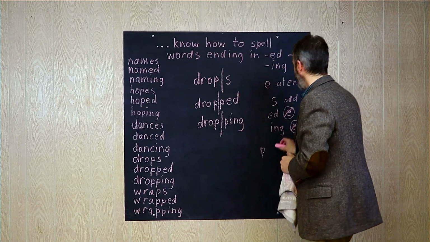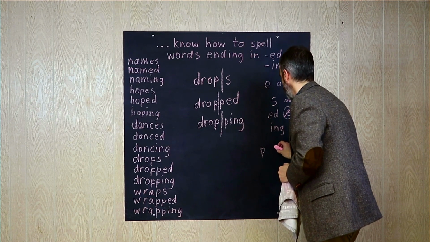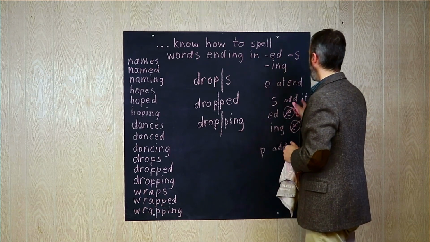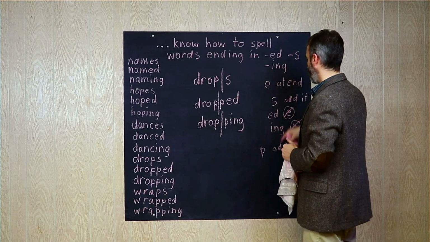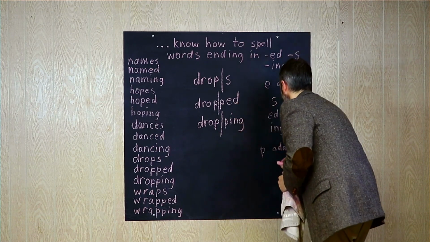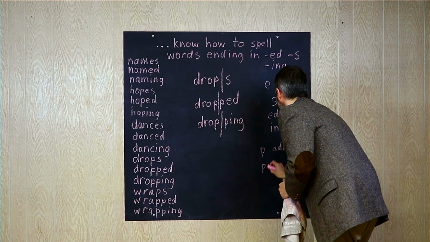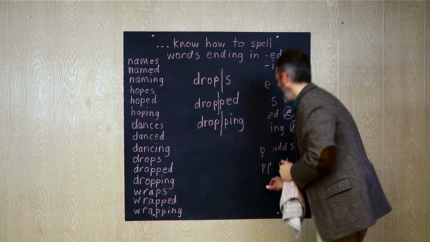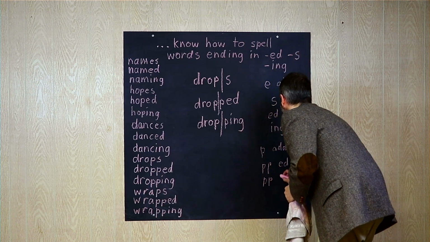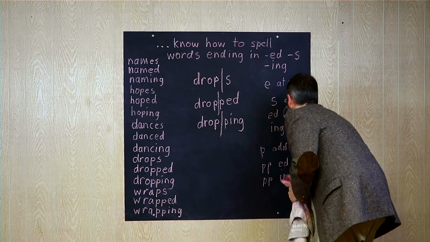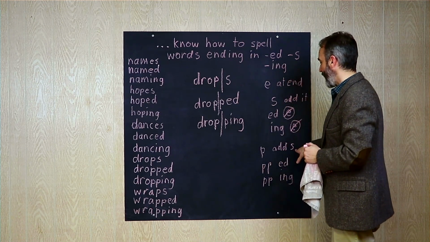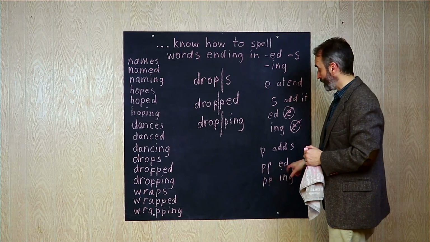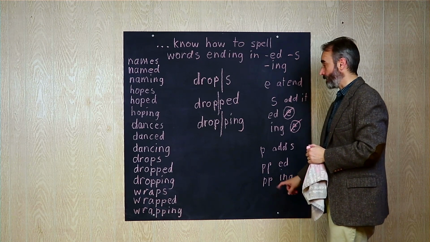When we add S at the end, we just add S at the end. When we dropped, we double the consonants, and the same for ping. So when it's just a P, we add an S. When it's a P, we double up the consonant before we add ed, and the same for ing. We double up the consonant.